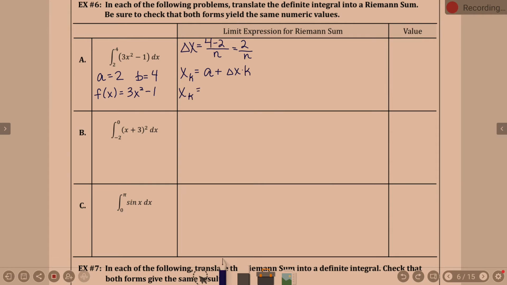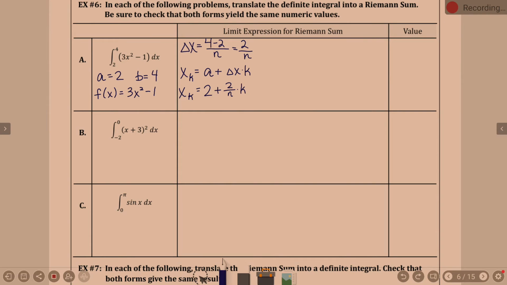A is 2 plus 2 over n times k. I would say it is likely that you would also see that as 2k over n. I could see him writing it both ways. Okay, we have all the information we need, unless you want to go ahead and plug in x sub k into f of x. But I was just going to do that in the problem.